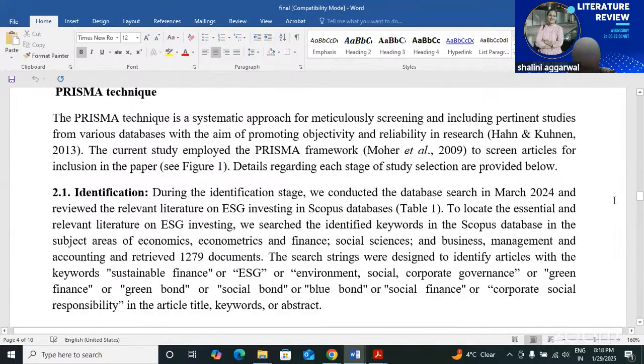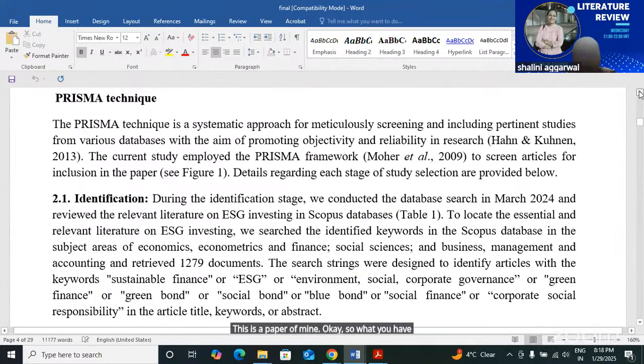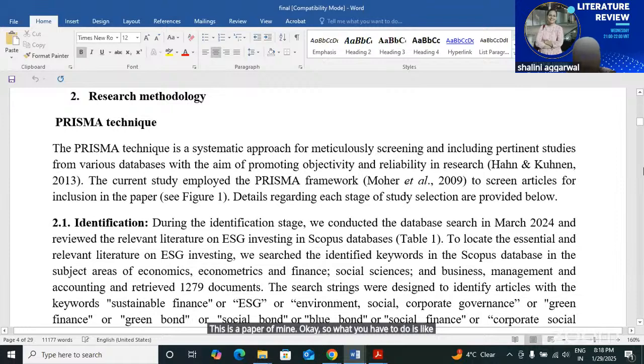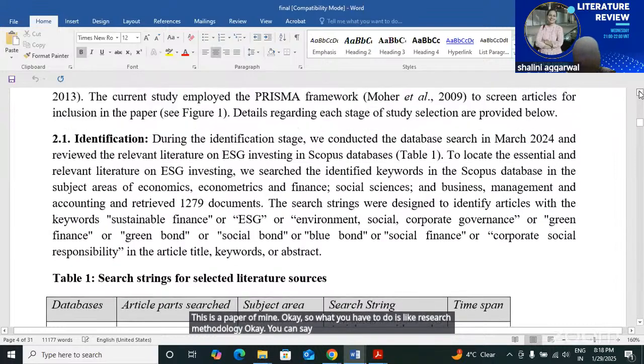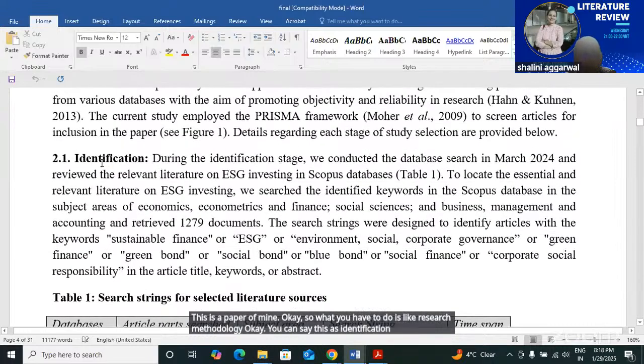Okay, so what you have to do is, like, research methodology. You can say this as identification, and this is how you have to write. Identification means how many papers in totality you find out first, and what are the different keywords.